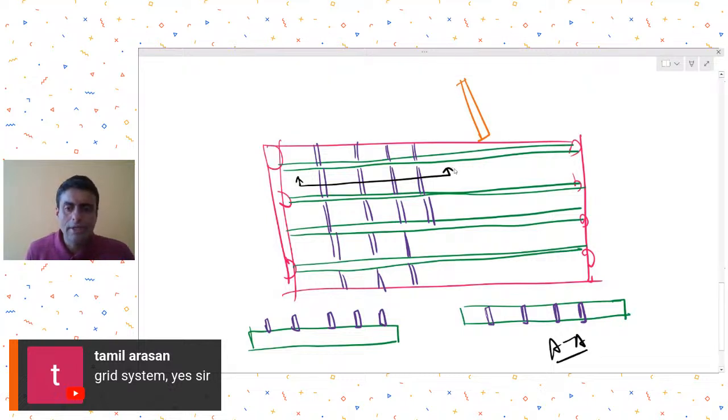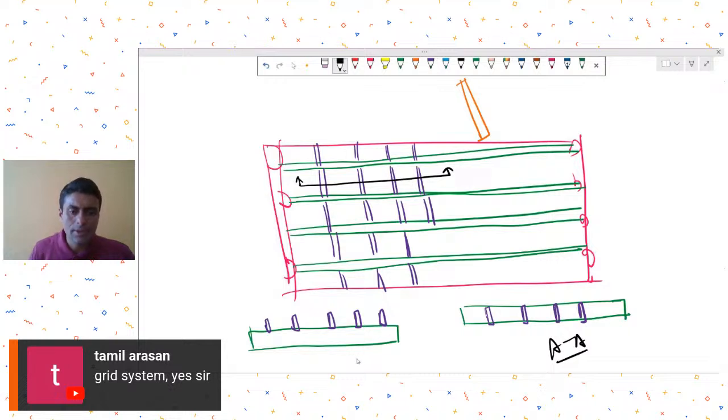Fabrication wise and ease of construction wise, this second option is simpler because you don't have to cut the purple plates at every intersection. But overall integrity wise, I would say this first system is better because the entire system is much more integrated.